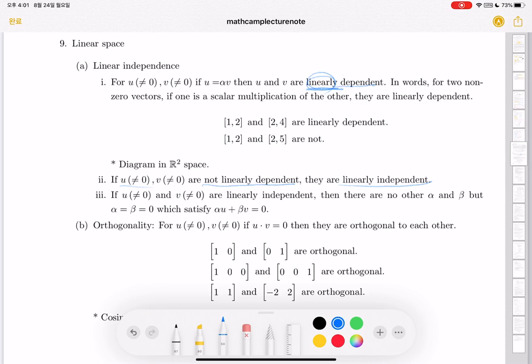Here, what you have to be careful about is to distinguish linear dependence and linear independence from statistical independence. You probably know already about statistical independence. Statistical independence doesn't mean linear independence. So there are two different concepts of independence, so don't get confused.